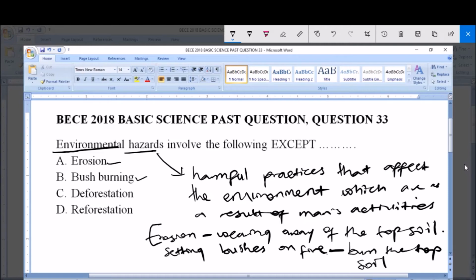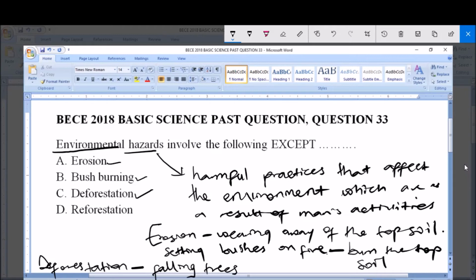Now C says deforestation, and like we know, deforestation simply means the felling of trees, that is, cutting down trees, either for engineering work or for production of timber that is used in making your doors, your windows.